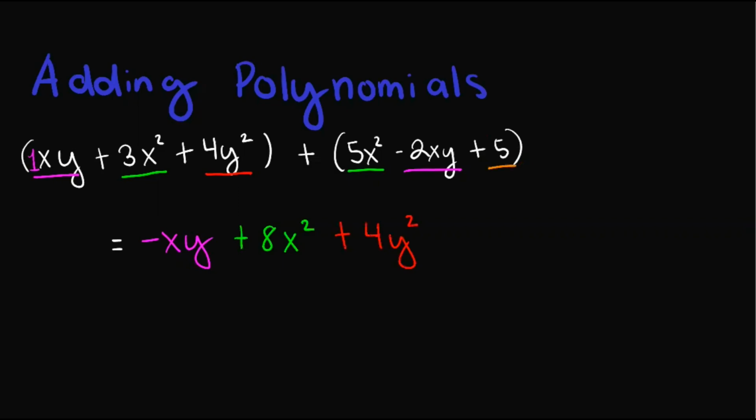Again, it doesn't have a like term in this polynomial. So we simply copy it out here. And this is the answer already. So again, when there is no like term in the other polynomial, we simply copy the term onto our final answer.